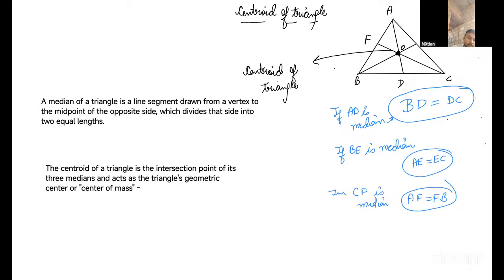Now, if the coordinates of a triangle are given and they ask you to find the centroid of the triangle, for example, this is point A, this is B, and this is C. If A is given as x1 comma y1, B is x2 comma y2, and C is x3 comma y3, and they ask you to find the centroid, I told you it's the center of mass where the three medians meet. If the centroid has coordinates x comma y, then x equals x1 plus x2 plus x3 divided by 3.